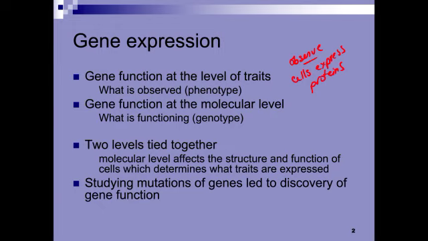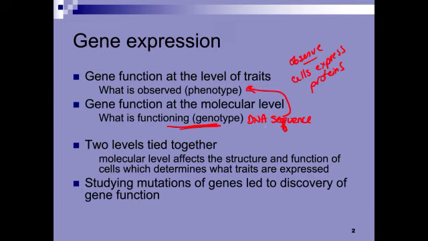Gene function at the molecular level is where we look at how a cell is actually functioning itself. What is its genetic makeup? So when we're talking about its genotype, what is the DNA sequence that is responsible for the phenotype of an organism?